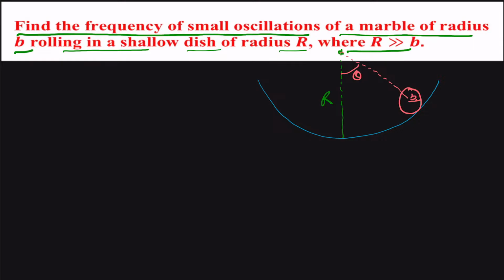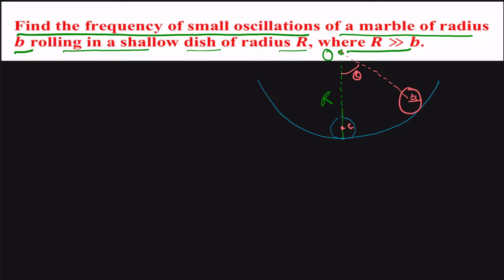So in this case let's assume that the radius of curvature of this dish is represented as O, and the initial position of the marble will be obviously somewhere here at the lowest point, and we say that its center is represented as C.